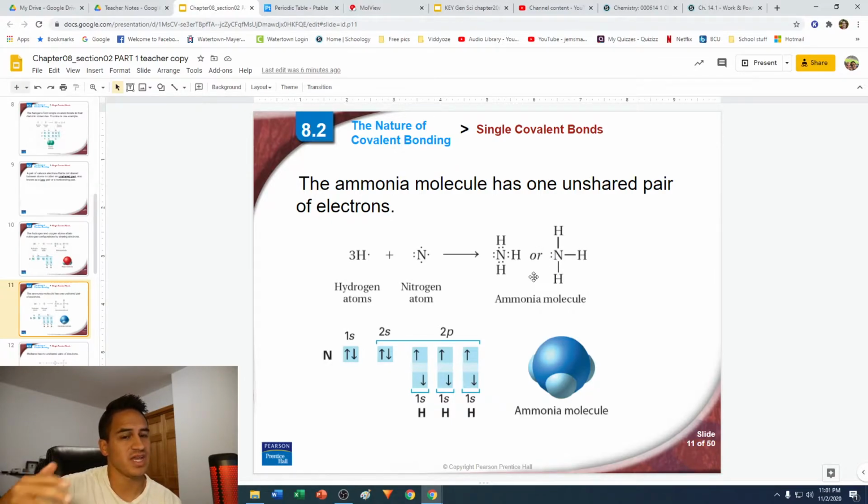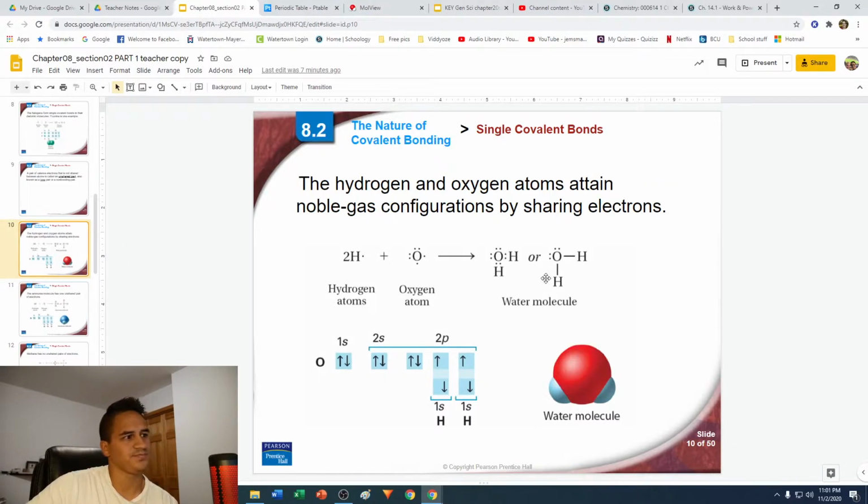That's 8. So the octet rule is being satisfied. And we always want to satisfy the octet rule if we can. Now, there will be some exceptions to the octet rule in the future when we draw molecules, basically some molecules that may not follow the octet rule, but we always want to try to follow the octet rule if we can.